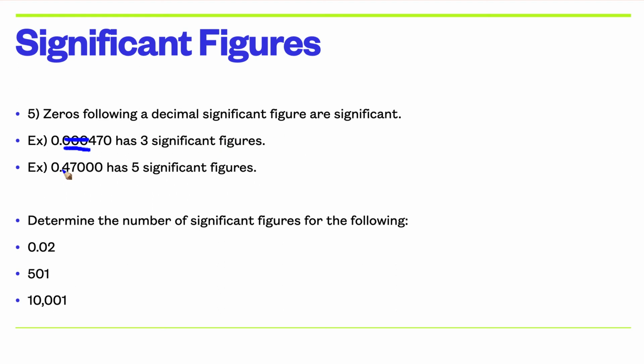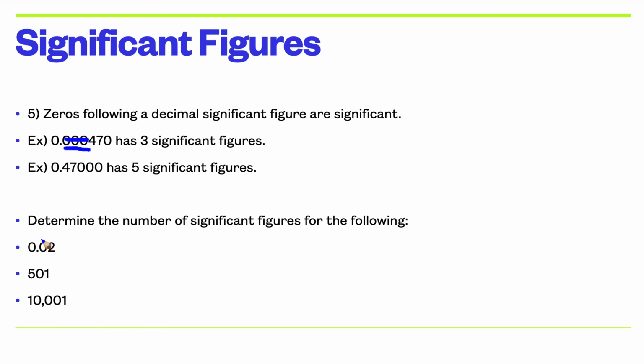Now here, any zeros after the decimal point, after your non-zero digit. So we see here 1, 2, 3, 4, 5. So 0.47000 has 5 significant figures. Just a few other practice problems. Say we had 0.02.